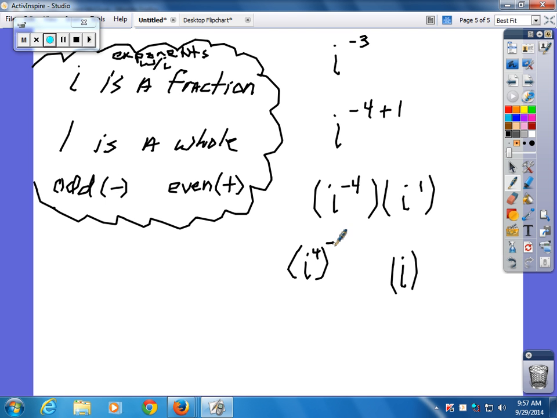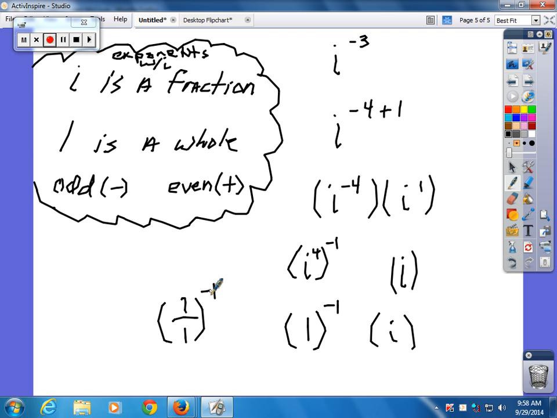i to the fourth to the negative 1. How about that? Is that better? Yeah. And then that would be i to the negative 1 times i, my bad. And what's i to the negative 1? Negative, 0. Are you sure? 1 over i to the negative 1.